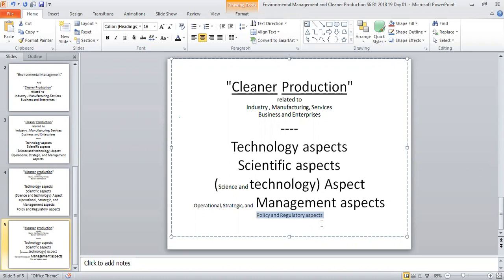You cannot define environment. Don't go and define it. That is not possible. But try to understand, appreciate, and pay your gratitude to the environment, to nature. That is what you can do. So I will not ask what is environment, what is environmental management. There can be definitions too.